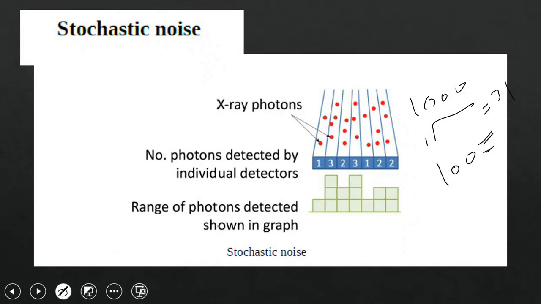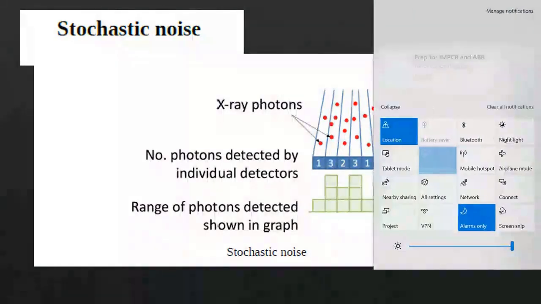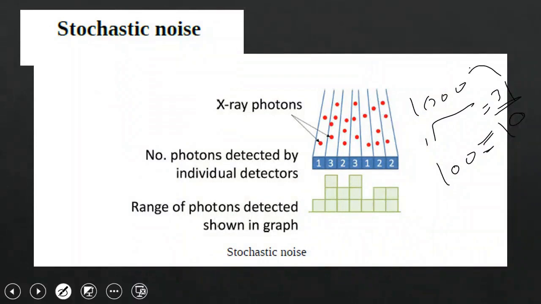This is the quantum noise, not the relative noise. The relative noise we mentioned earlier, if you remember, was the standard deviation over n.